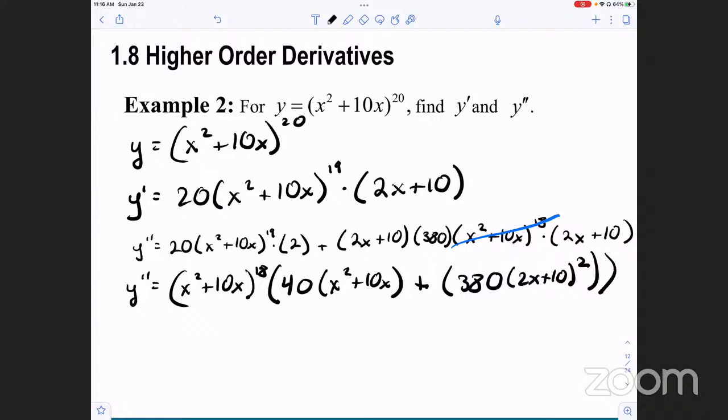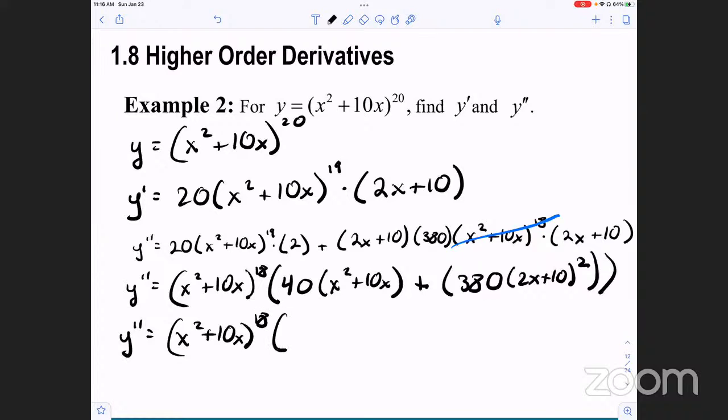You can go a little further. We can expand and simplify that second part and combine a lot of like terms. I'm tempted to do it. Let's go ahead and do it, because I think we got past the hardest part. Y double prime, x squared plus 10x to the power of 18.